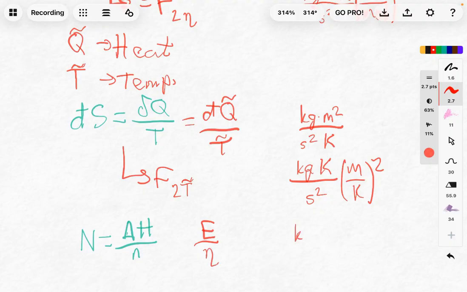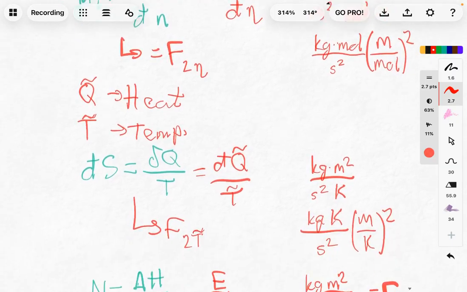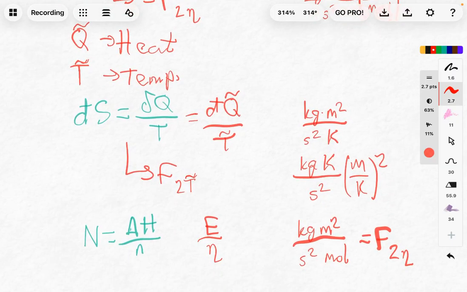And so we find kilograms meters squared per second squared mole. And it is pretty easy to see that that is F2 eta. Just like the chemical potential.